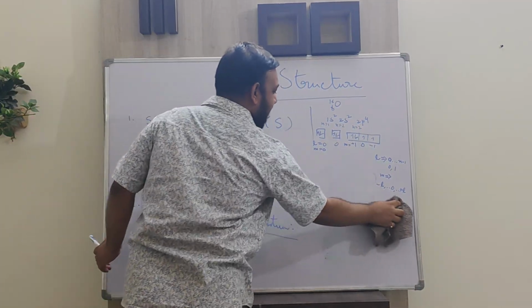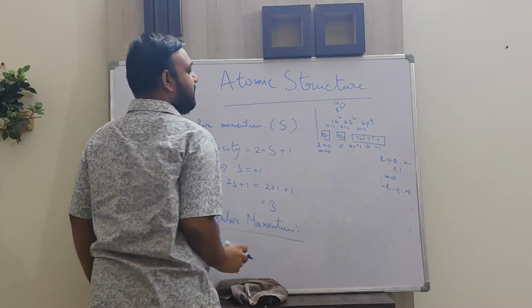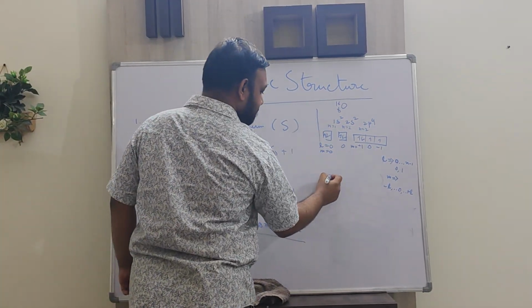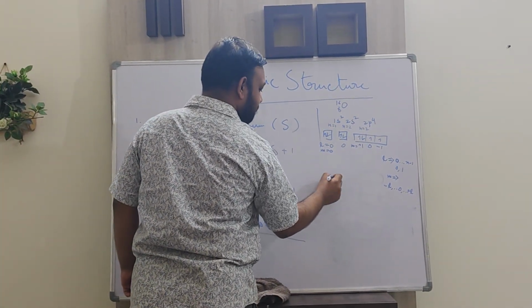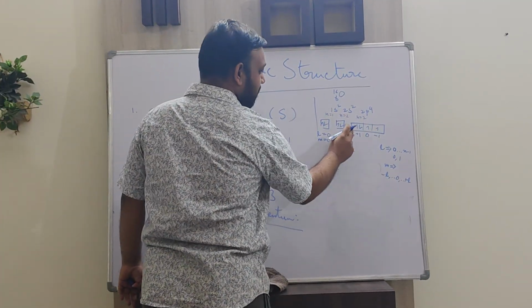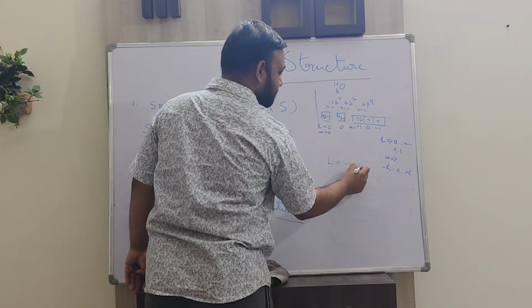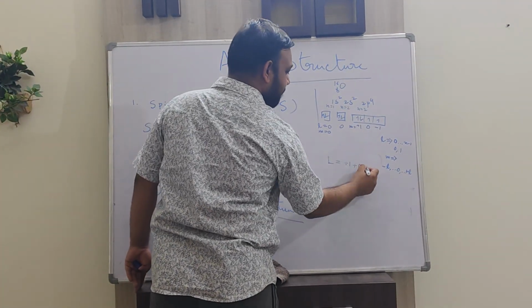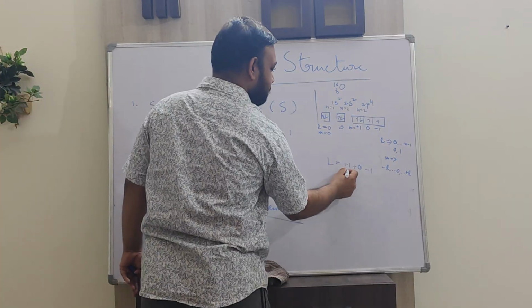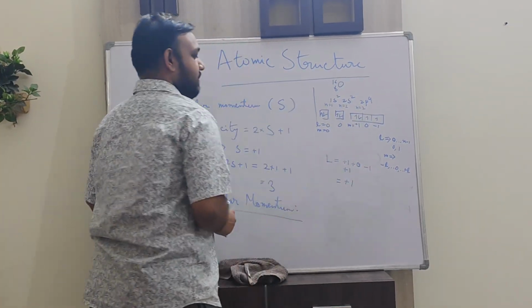And now the total angular momentum of this p orbital, because these are 0, is, if we represent total angular momentum as L, you can think of one electron is +1, another electron is 0, another electron is -1, also another electron is +1. -1 +1 will be cancelled out, it will give you +1.